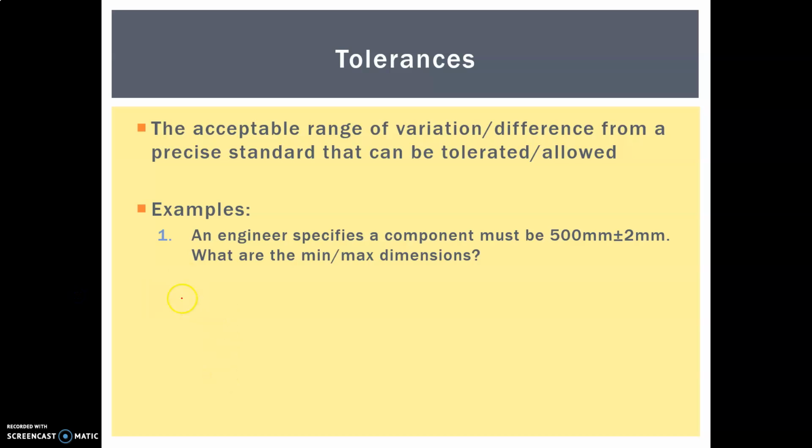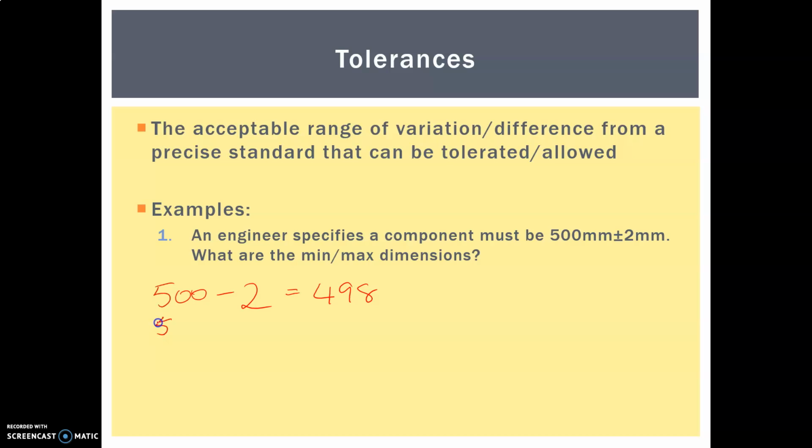Okay, here we go. So if we want the minimum dimension, if it's 500, then we want to do 500 minus 2, and that's going to give us 498, of course.